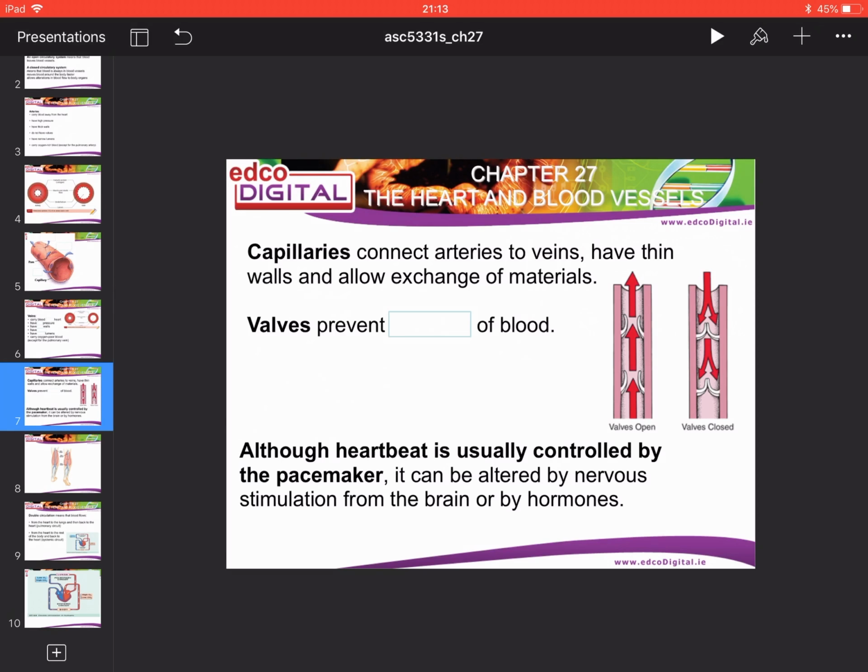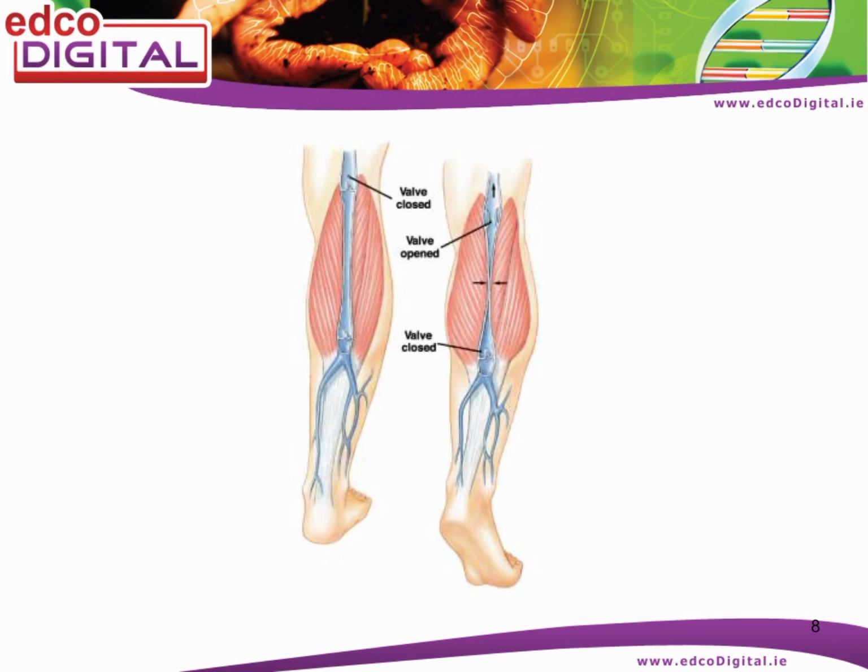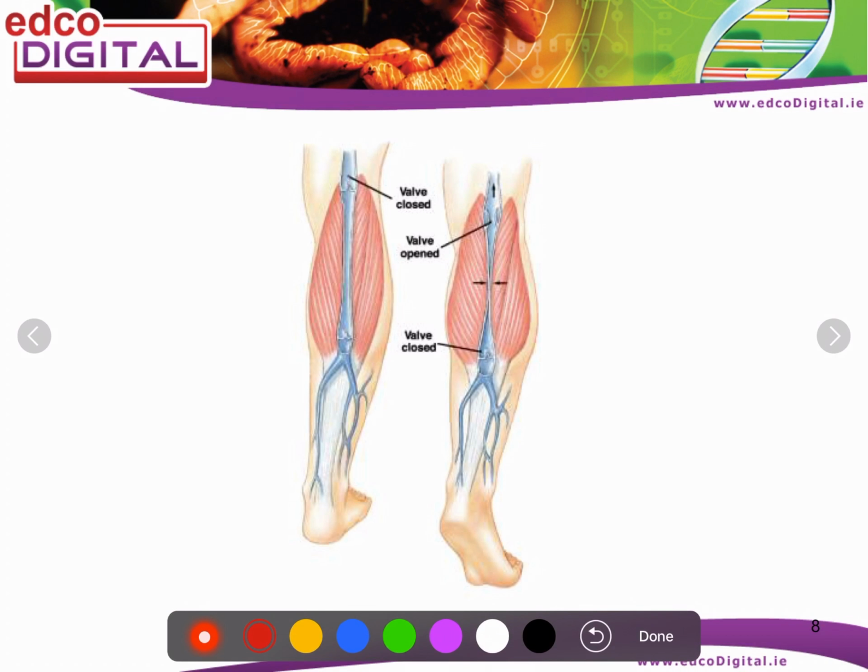Valves prevent the backflow of blood, and sometimes you're asked how valves allow blood to kind of get back to the heart. So here we have a person's foot, and while sitting, the blood can gather down in these areas. So how, against gravity, can the blood get all the way back up towards the heart? Well, the skeletal muscles in your body contract, and even if you're inactive, it's good to stretch, because when you stretch, you squeeze the muscles.